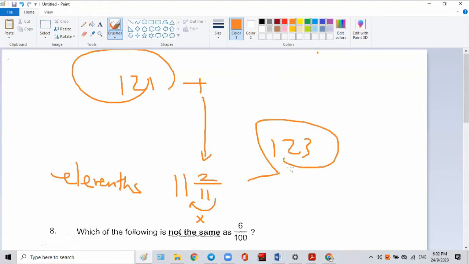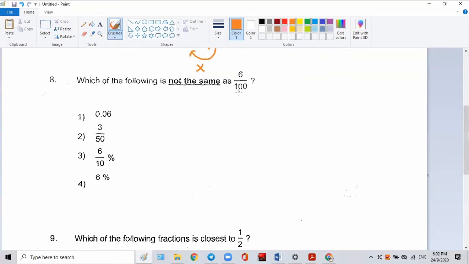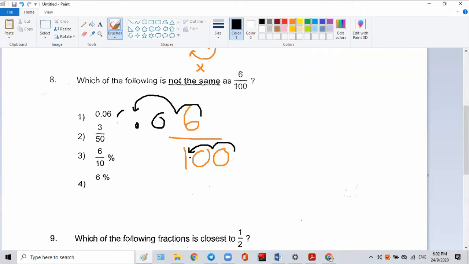All right, which one is not the same as 6 over 100? You can make it to decimal, you jump. This one jump 1, jump 2, and then the line here, so you put a 0 in front. Is number 1 the same? Yes, because you jump 1, jump 2 is 0.06.